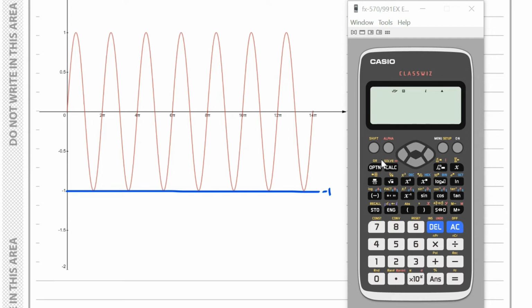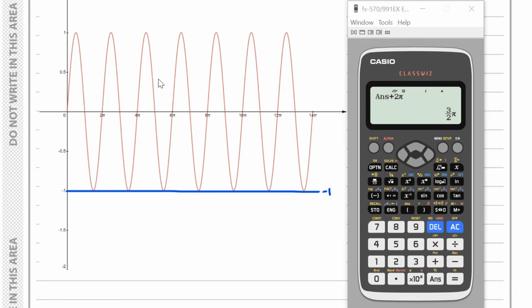So on our calculator, we've got the inverse sine of -1, which is equal to minus pi over 2. And to find out what this value is, we need to add on 2 pi. So here you can see we've got 3 pi over 2.